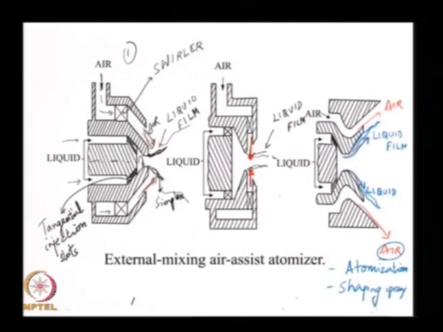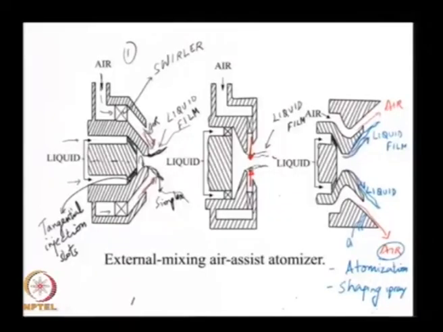Because you have the air outside, by controlling this angle, I can control the spray angle itself, the angle over which all the drops are going to be distributed. So, this gives me an independent control parameter. In the first and the second design, it is hard to control the spray angle using the air.